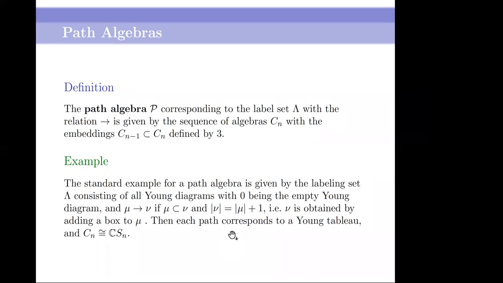In this case, each path corresponds to a Young tableau. Here we are talking about standard Young tableaux, whose labels are in increasing order in each row and column. And in that case, the path algebra is isomorphic to the algebra of the symmetric group.